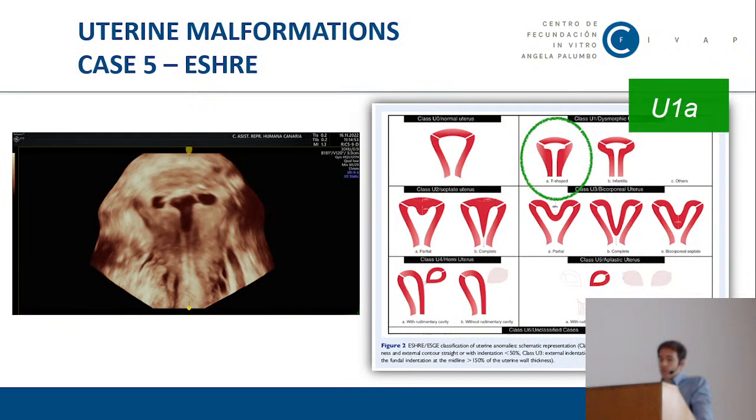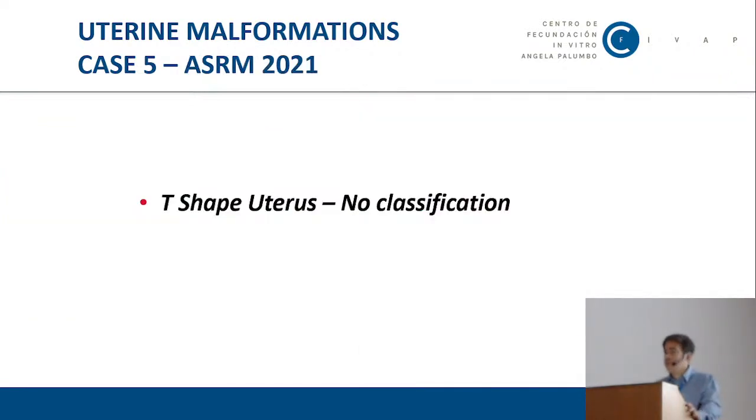But if we don't make good classifications and everyone has the same classification, we won't know if it's important or not. The two better classifications are the American and the ESHRE, but in the ASRM there's no classification for T uterus. There are other specific classifications for T uterus, but they are not in this type of classification.